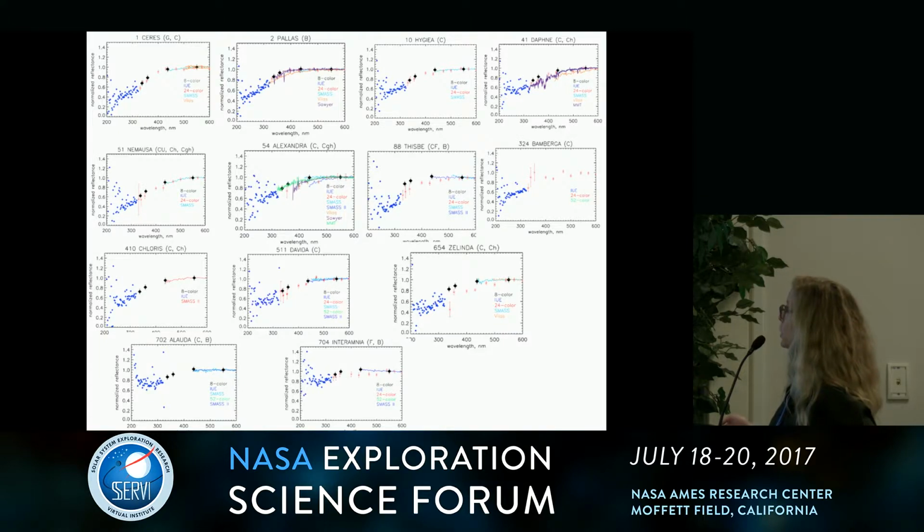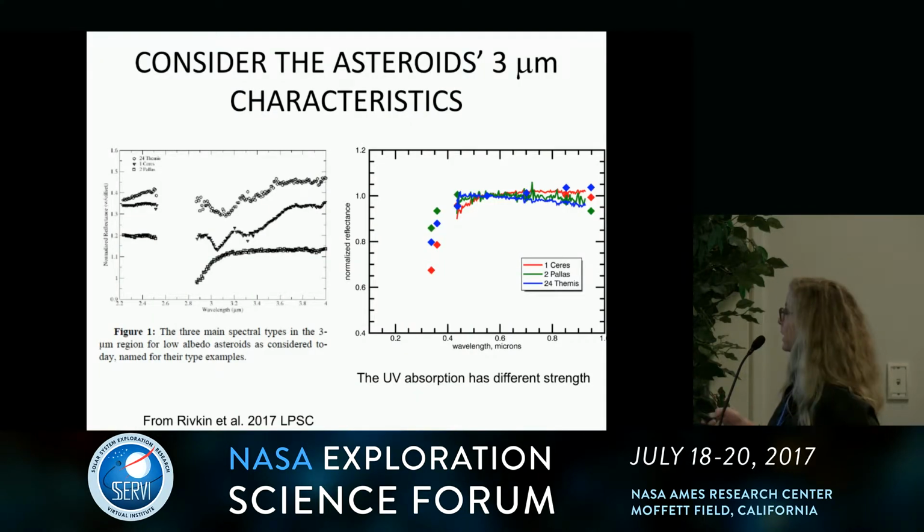One thing we can do is consider the asteroids' 3 micron characteristics. For instance, Andy Rivkin and others have looked at these spectral shapes, this is 3 microns out here, and shown that there are trends. Here's Themis, Ceres, and Pallas using SMAS data and 8-color data, and we see differences in this UV drop-off among these asteroids.